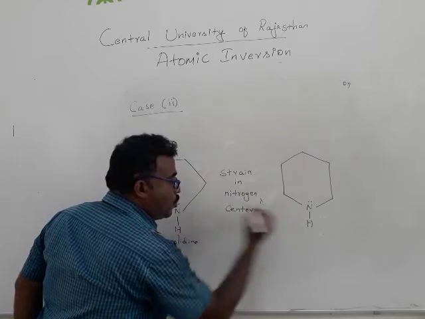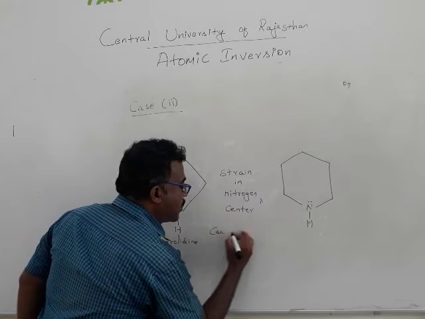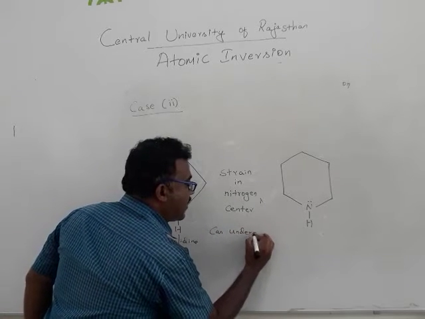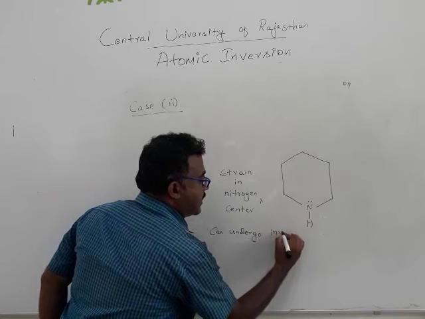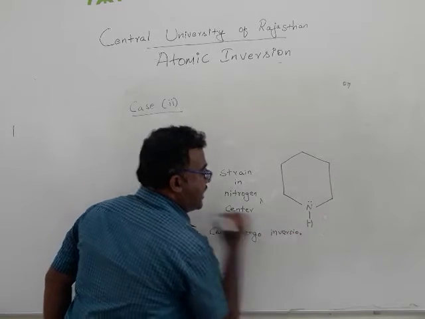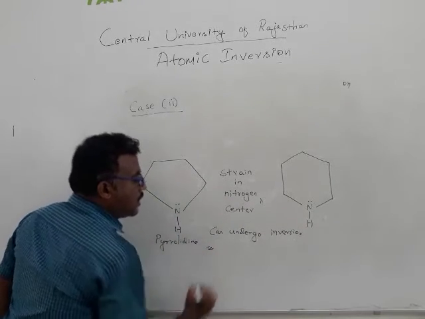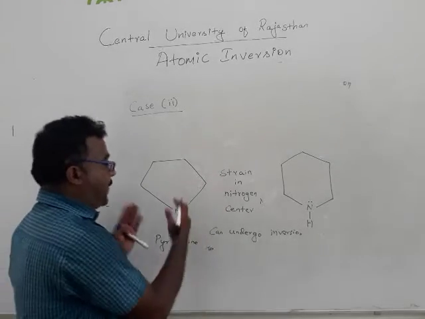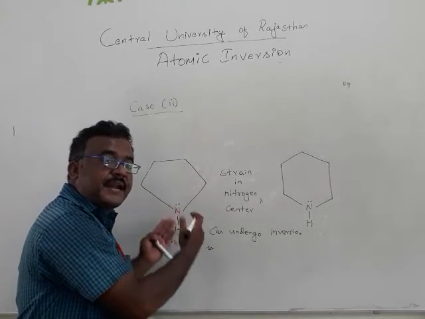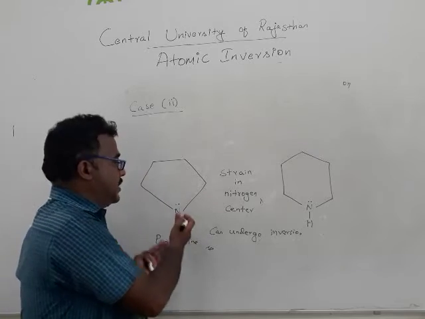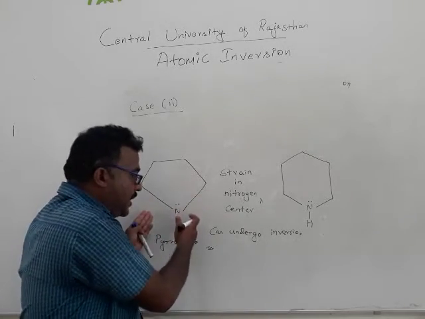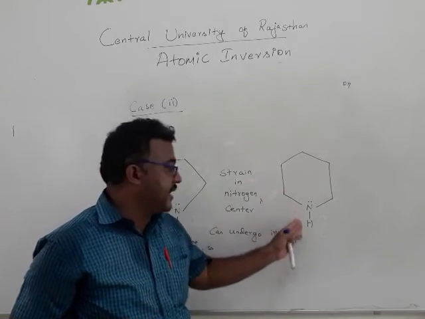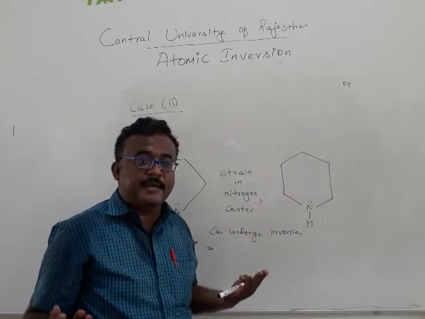So these two molecules can undergo inversion. So it's impossible to separate their racemic mixture, the racemic mixture of pyrrolidine as well as the racemic mixture of piperidine. These two can't be separated out.